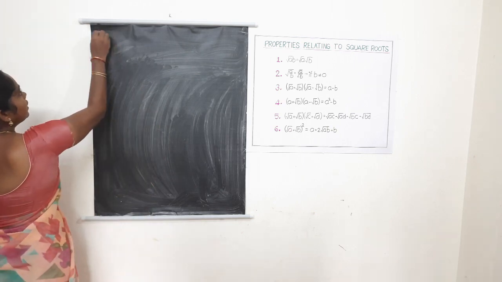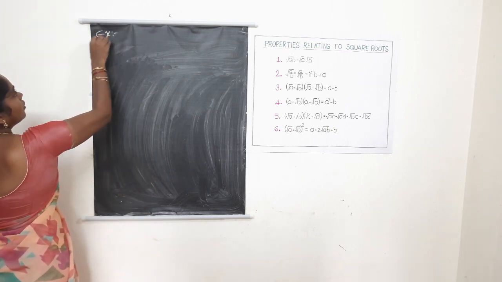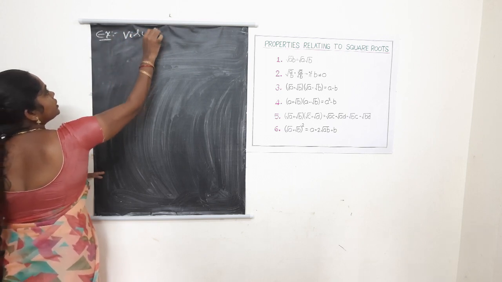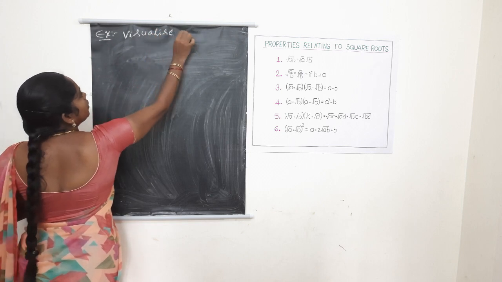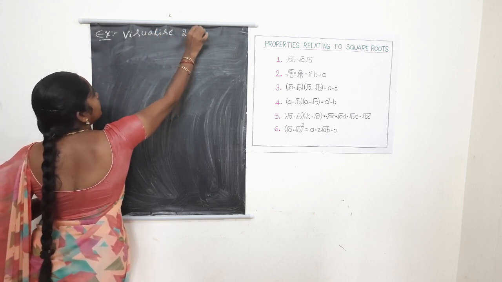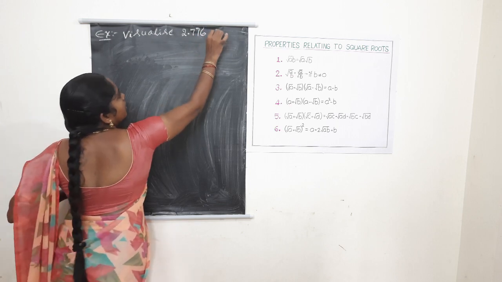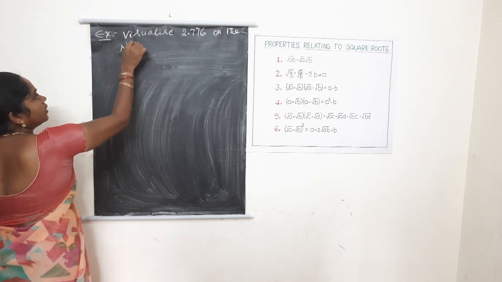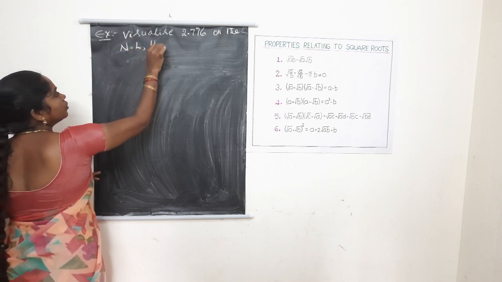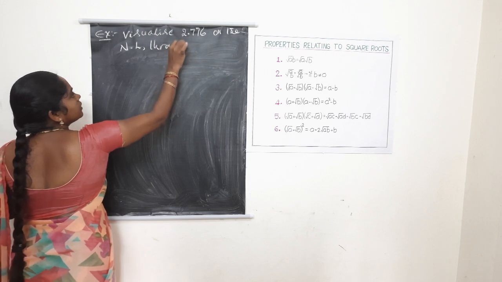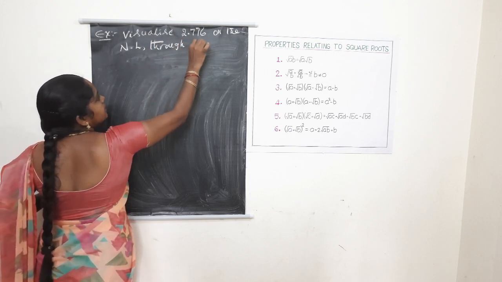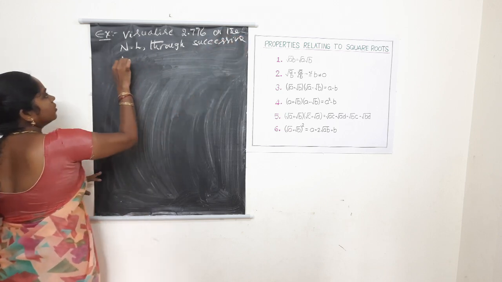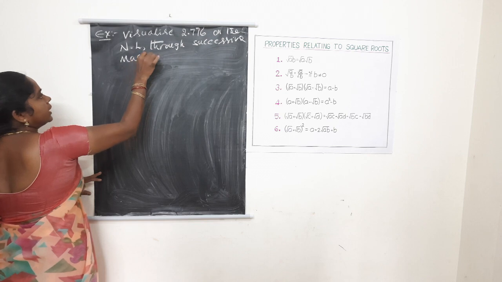Example: visualize 2.776 on the number line through successive magnification.